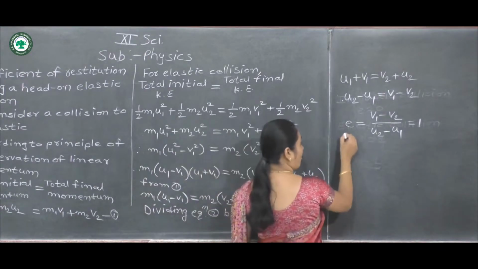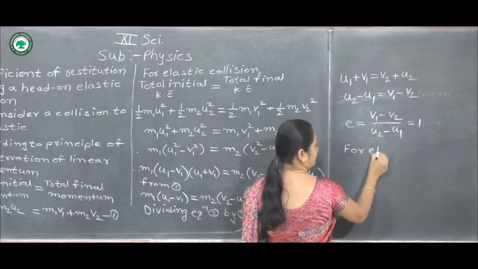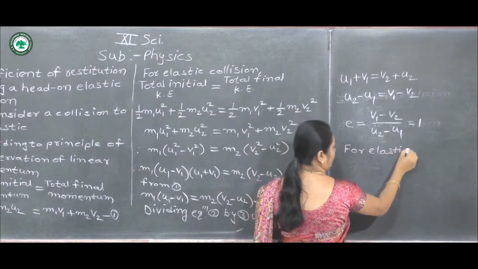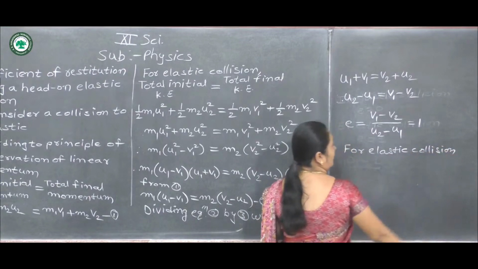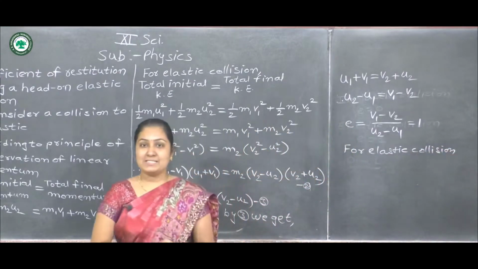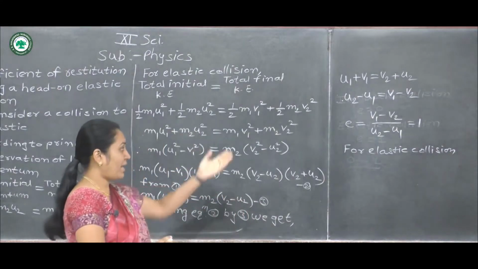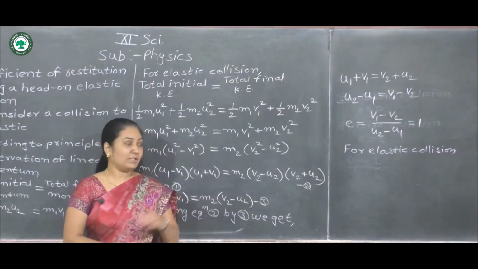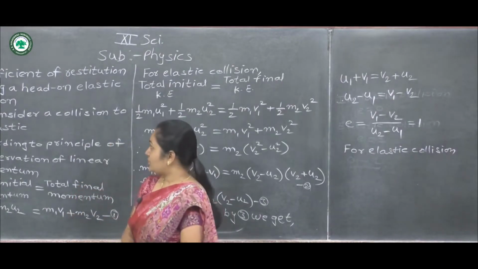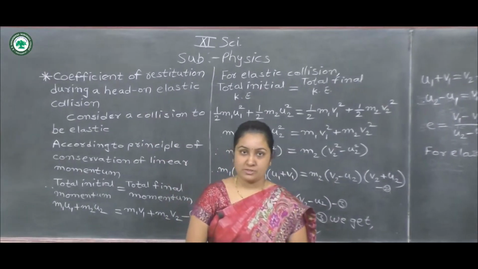So this is for elastic collision. From this we can say that the coefficient of restitution is given by this formula, and for elastic collision it will be 1. So this collision is considered as a head-on elastic collision.